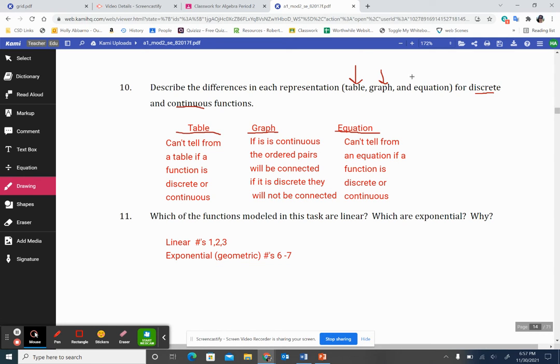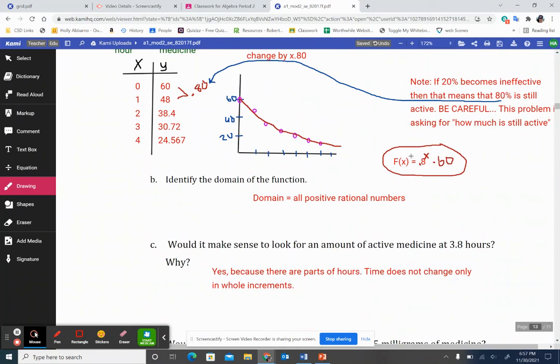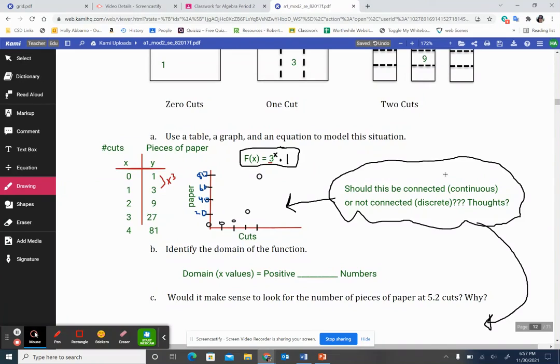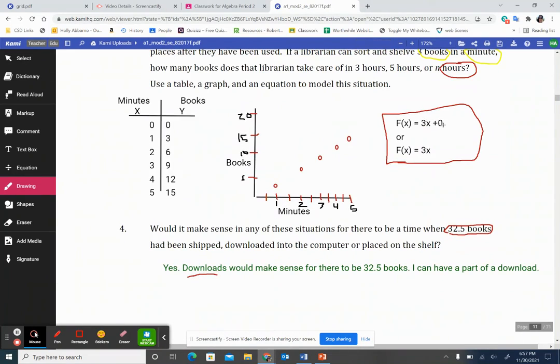Okay. And last but not least, if I'm looking at equations, just from an equation, can I tell if it is discrete or continuous? The answer is no, I can't tell from an equation if a function is discrete or continuous. If I just look at this function right here without any other information, I cannot tell if it's discrete or continuous.